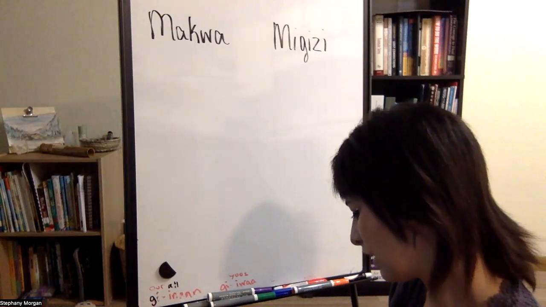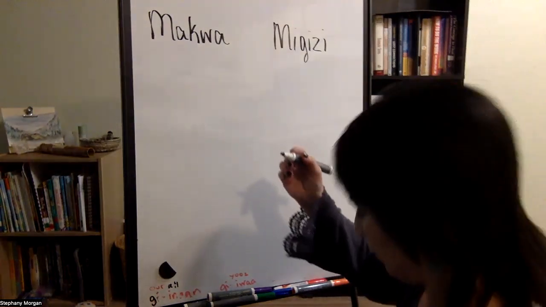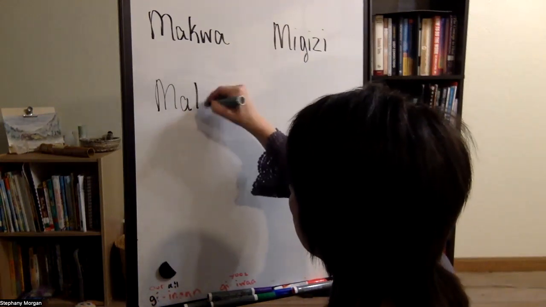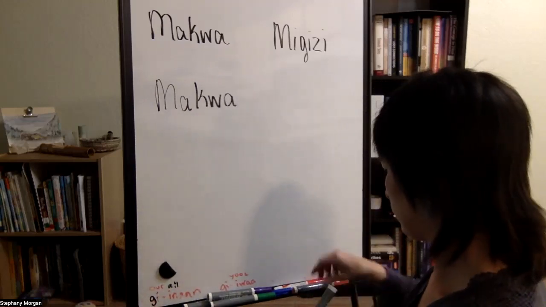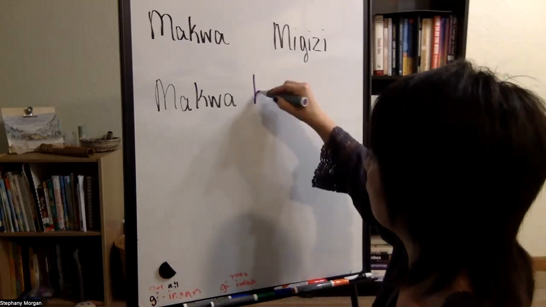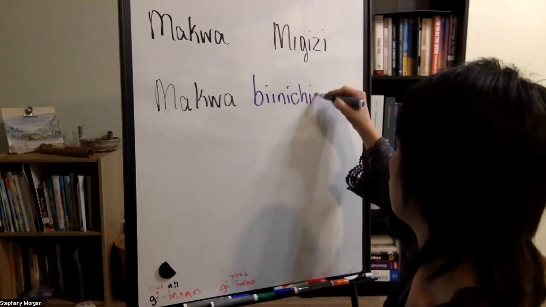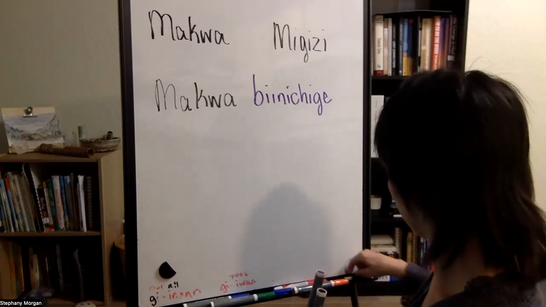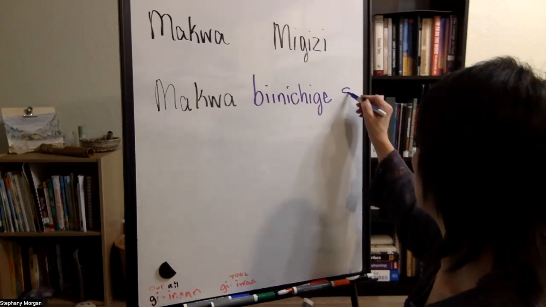So the first person that I talk about in that sentence, Makwa is cleaning. Makwa. And the verb is binichige. He or she is cleaning. Minawa.